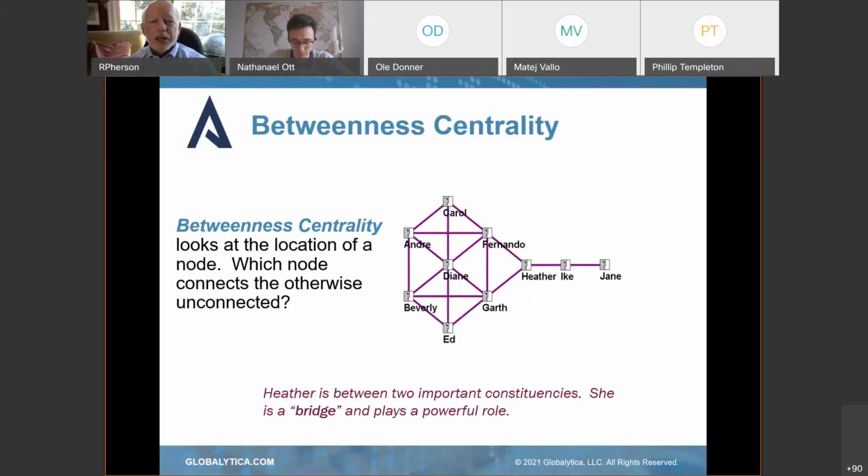She's either interpreting what's going on over here, or she's the person they need to go through in order to get inside. Heather could also be the branch chief, and these are people who work for her. So you need to identify not only the connection and look at the centrality, but also maybe develop the role. This is an important person because she's a bridge. She determines who gets to talk to whom.